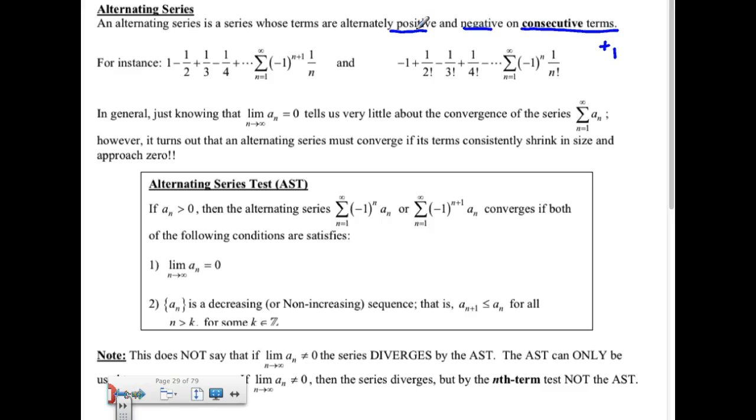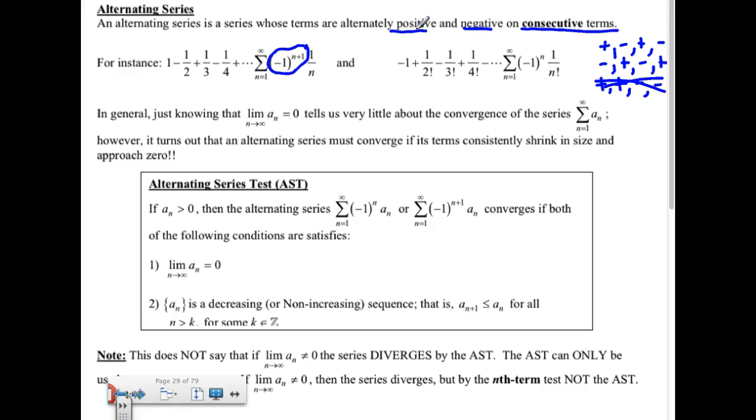So it goes plus, minus as you go down, or minus, plus, but it can't skip. They must go consecutively. And there's the most common alternator. We have what I call a sneaky alternator, but the most common thing to cause that change is -1 to a power of n.